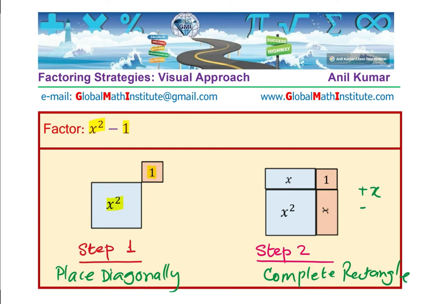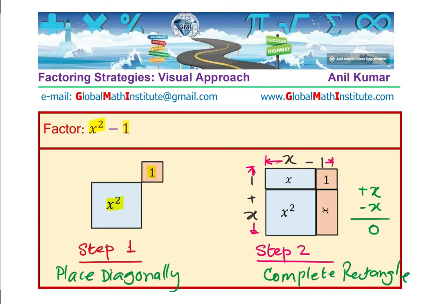Do you see that? So effectively, it is 0. But the completed rectangle gives you the area, dimensions being on this side x minus 1, and on this side we have 1 plus x. Do you see this? So make sense? That is how we factor. Is it clear to you?